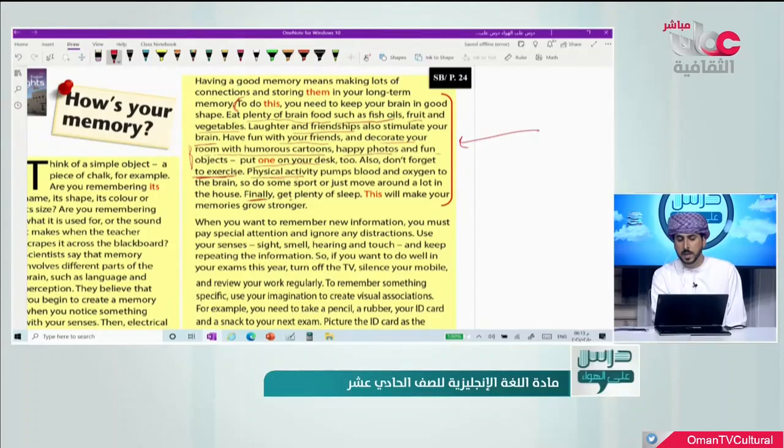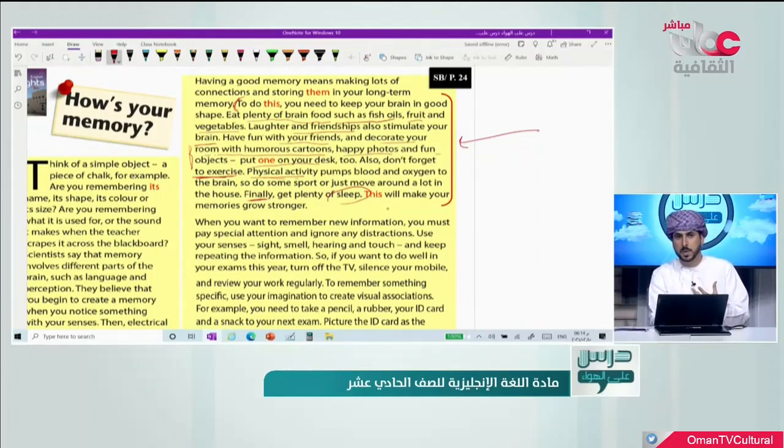Finally, get plenty of sleep. This is regarding sleep. This will make your memories grow stronger because the brain works very well and organizes the information, processes it, and takes it from the short-term memory to the long-term memory when you are at rest.